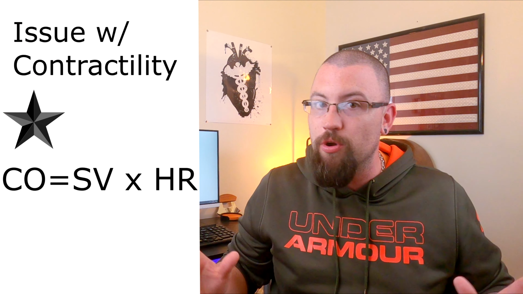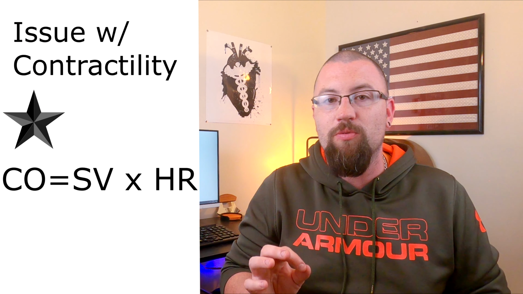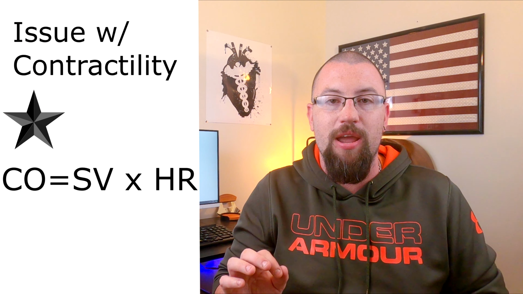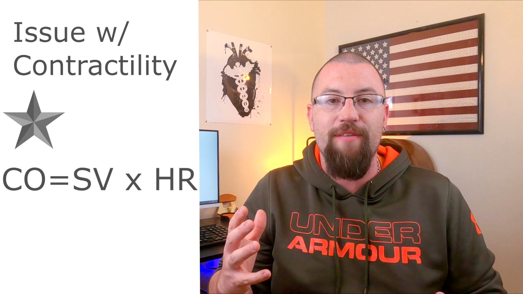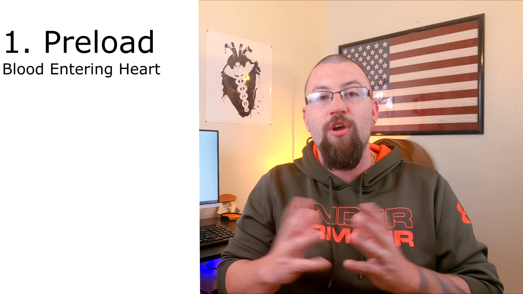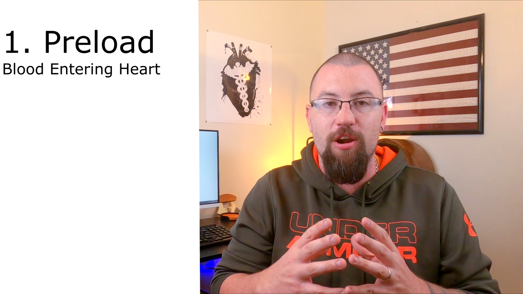Systolic heart failure occurs when the heart cannot contract properly and maintain an adequate cardiac output. Remember, this is important, that cardiac output is equal to stroke volume times heart rate and is reliant on 3 factors. First, preload, or how much blood returns to and fills the heart.